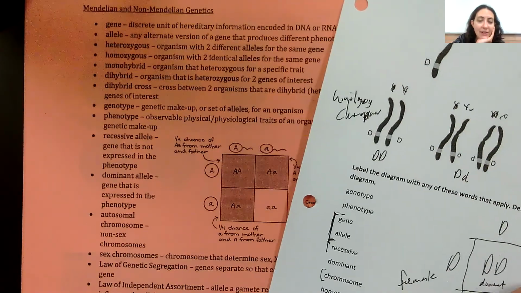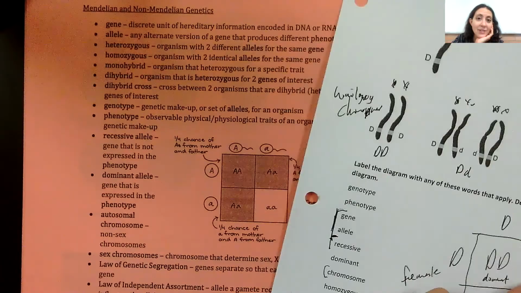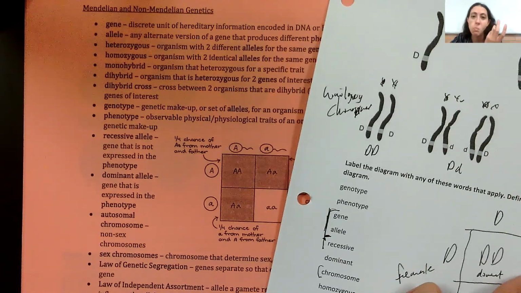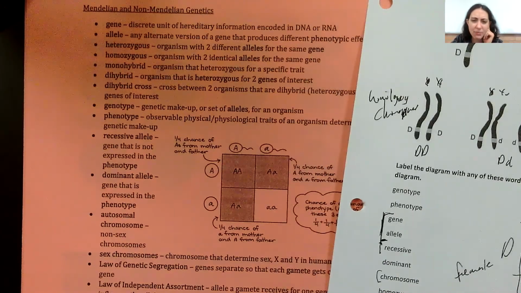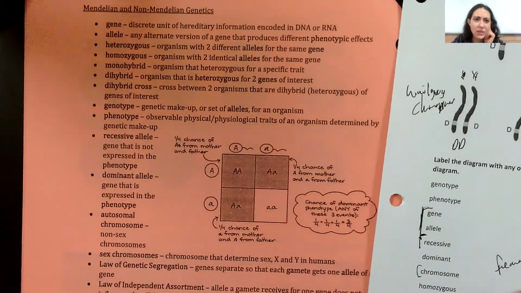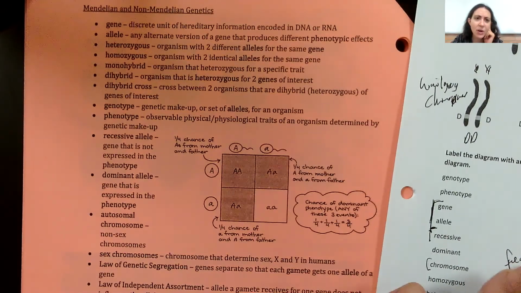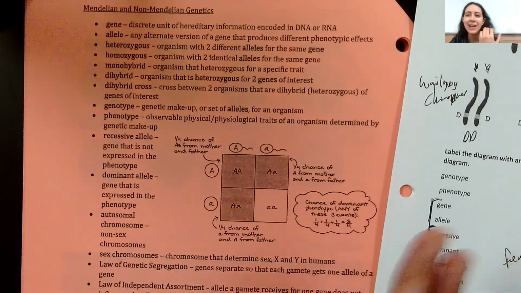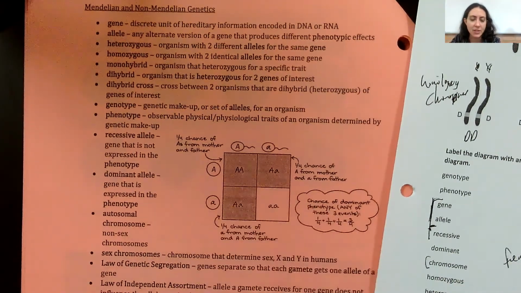Monohybrids are organisms that are heterozygous for a specific trait, and dihybrids are organisms that are heterozygous for two different traits, for two different genes. So that's where a dihybrid cross comes from. Two organisms that are dihybrid, or heterozygous, for genes of interest. This comes in when we get into Punnett squares.